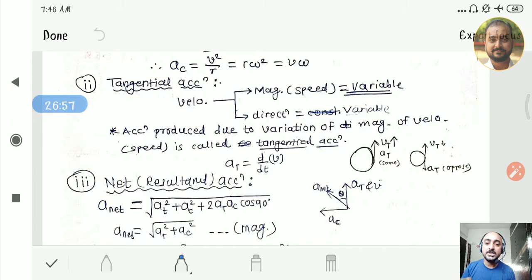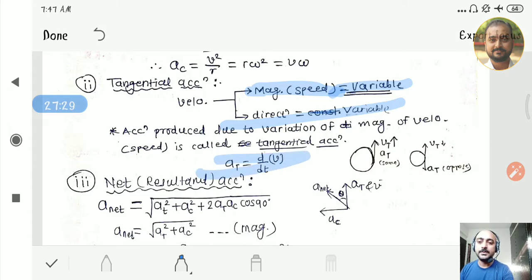Tangential acceleration may or may not be present; it is always present in non-uniform circular motion. The acceleration produced due to the variation of the magnitude of velocity, that is the speed, is called tangential acceleration, and it has a simple formula like this.